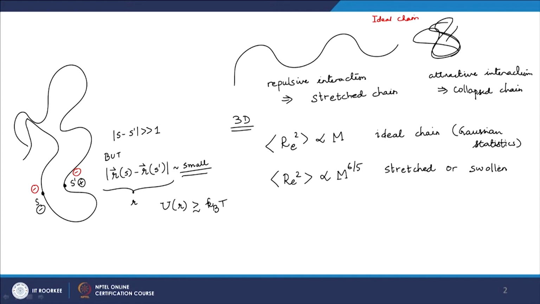So, since M is a high number, powers higher than 1, which is like 1.2 in this case, means that it will be more than the ideal chain.